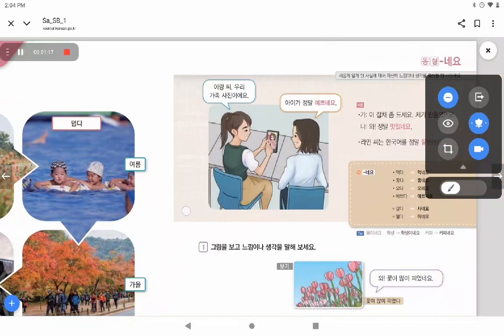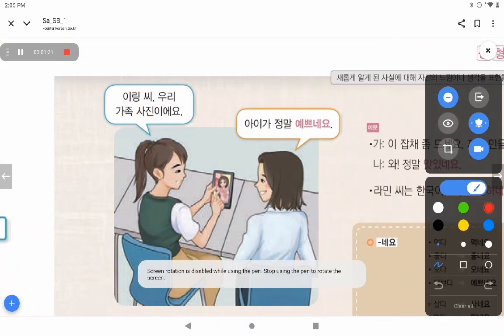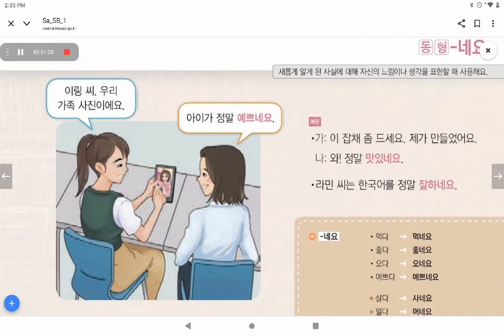Now, here we'll study 네요, a grammatical part. When someone expresses feelings or thoughts about newly learned facts, we use 네요. Like, 1인치 우리 가족 사진이에요.